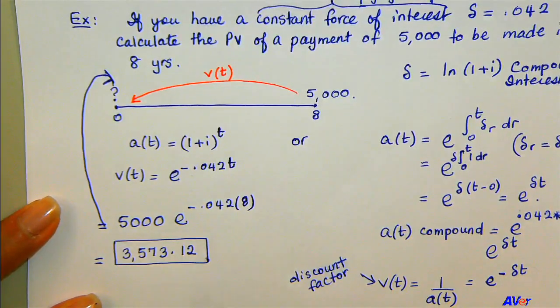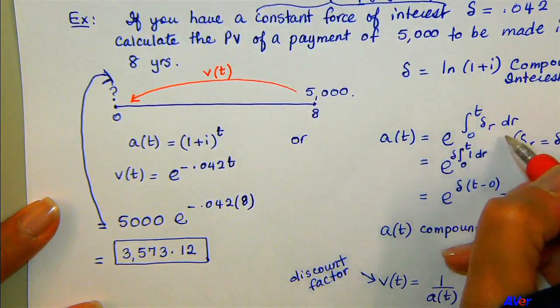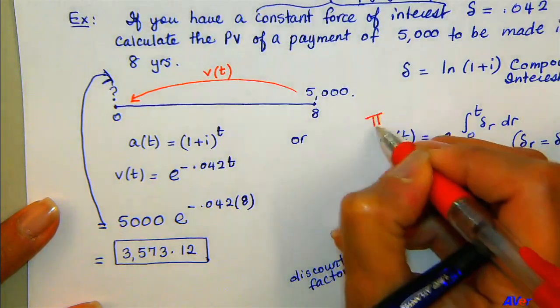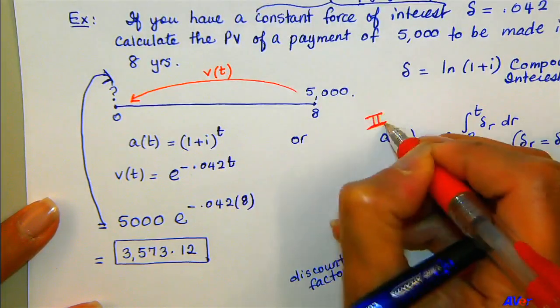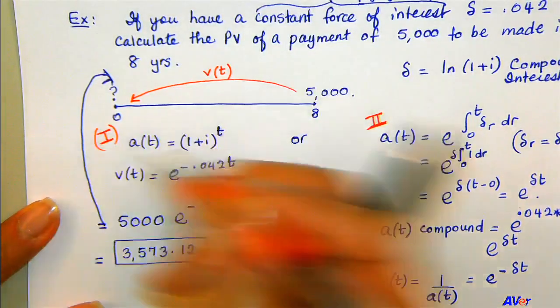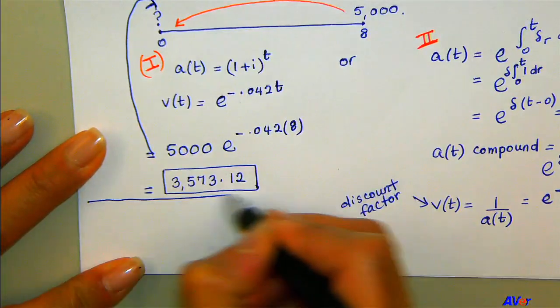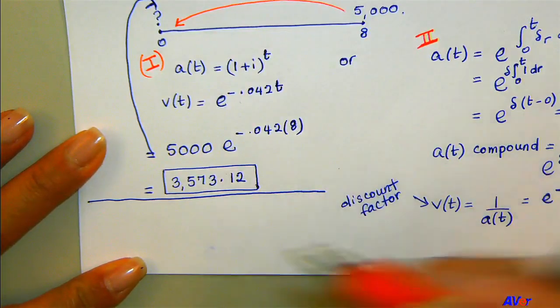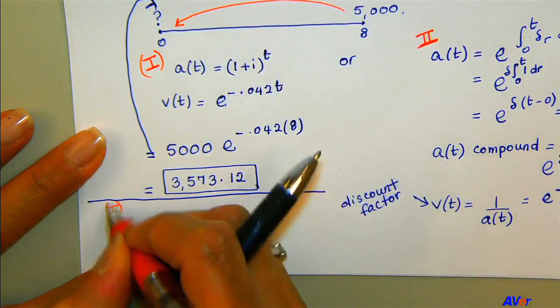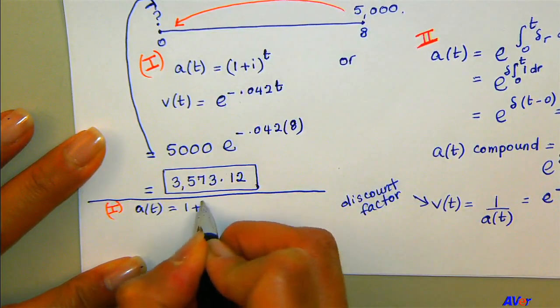So this whole problem was done not using I, but using this method right here. I could have also done it using I. Method 1, let's say. So first I would have to find I. Method 1. A of t is equal to 1 plus I to the t.